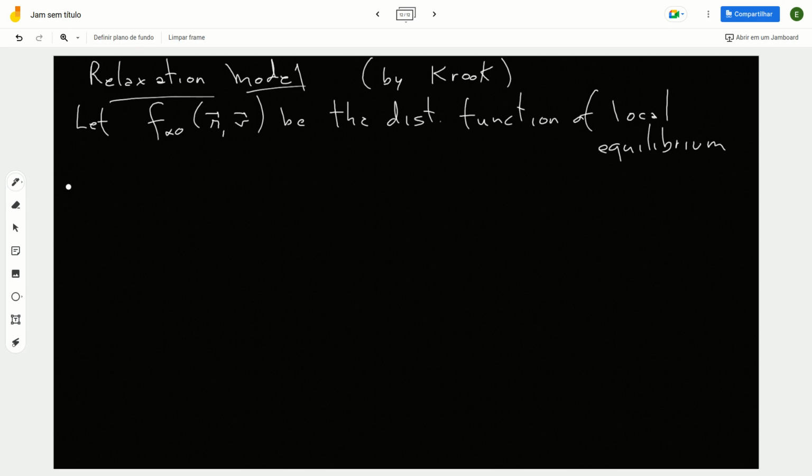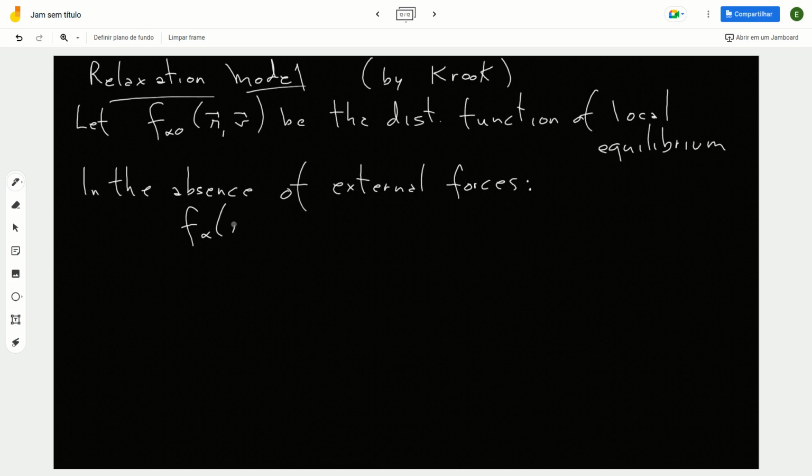In the absence of external forces, you have your distribution f(r, v, t) decaying towards this equilibrium distribution. So it reaches a steady state if you don't have any external force, as a result of collisions.